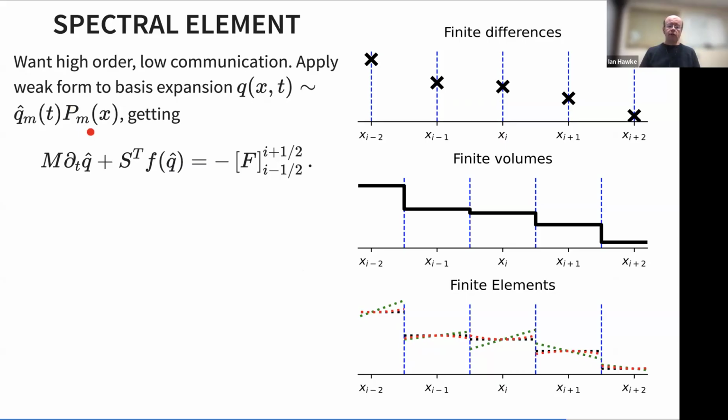And what this does is it replaces our PDE, for example, a balance law, with a dense mass matrix multiplied by the time derivative of the modal coefficients plus the stiffness matrix multiplied by something that represents how the derivatives of the modal solution behave inside one given cell. So this is purely local. It just uses information within the cell.